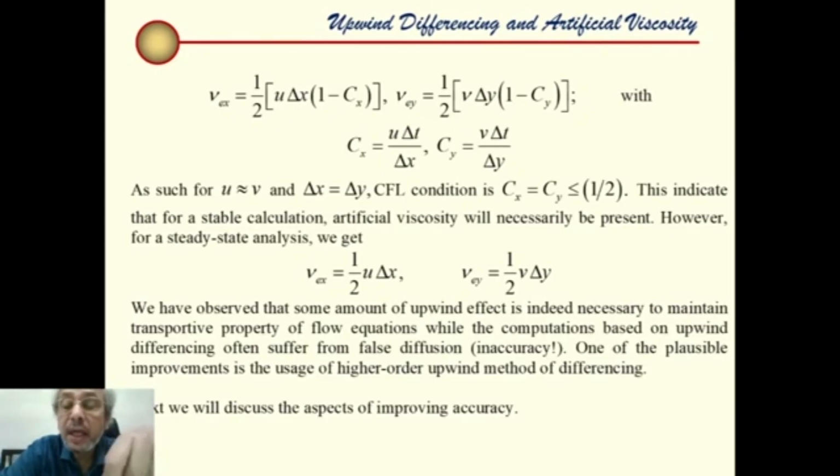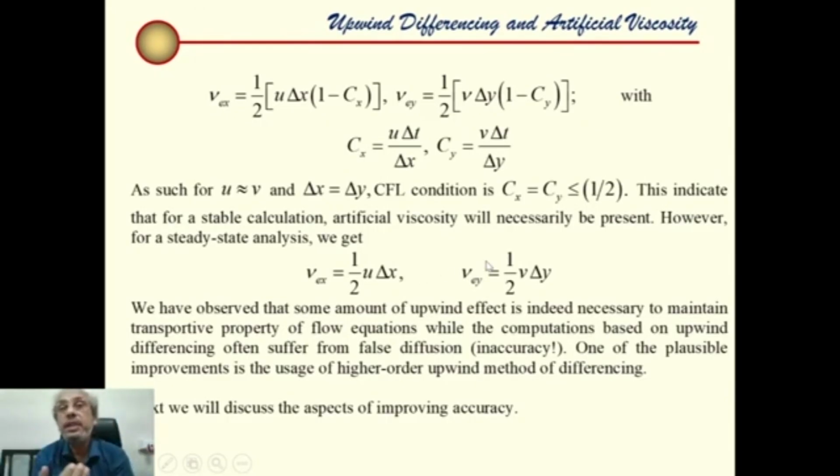Today we have not done that, but today we can observe that if we do upwinding, then there will be some amount of numerical viscosity. For the unsteady problem, we have seen the expressions for numerical viscosity. For steady flow problems also, we have seen the expressions for numerical viscosity.